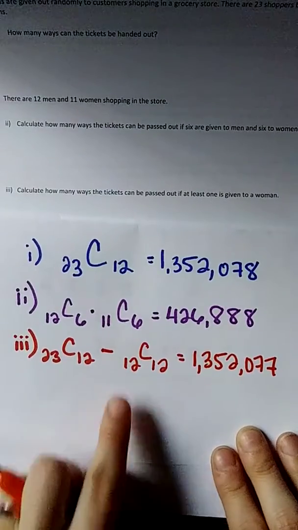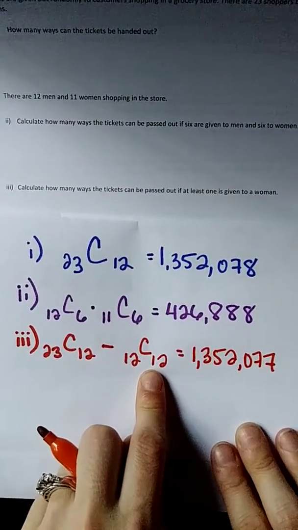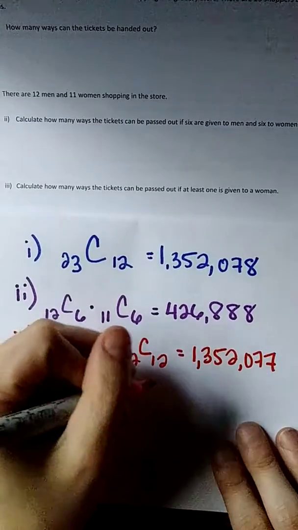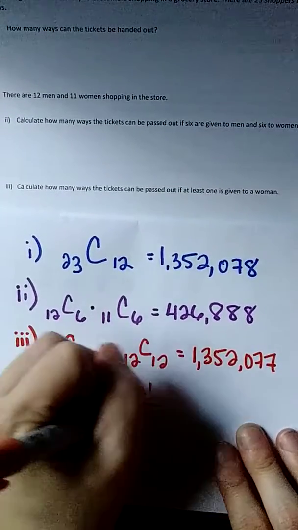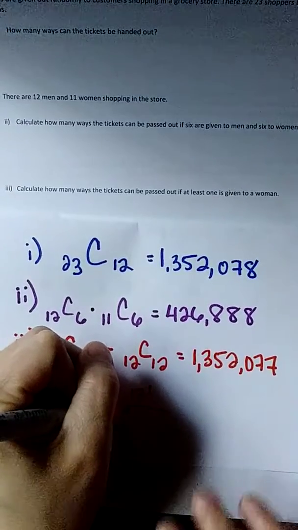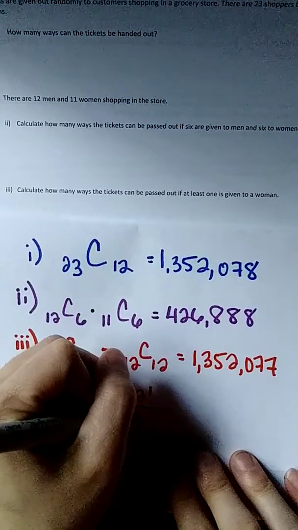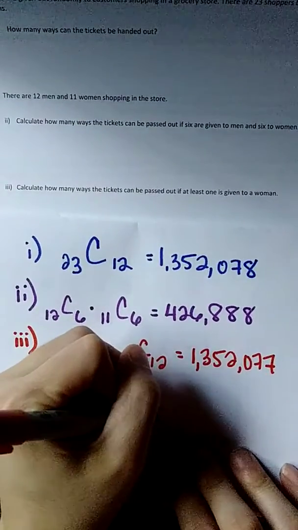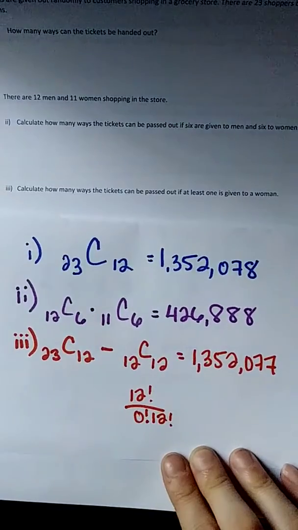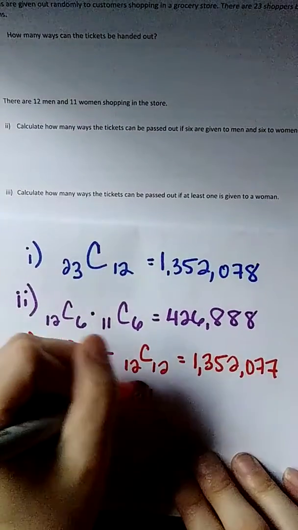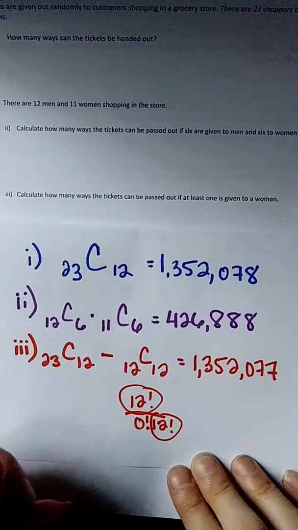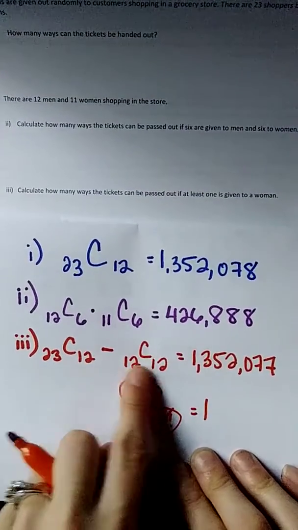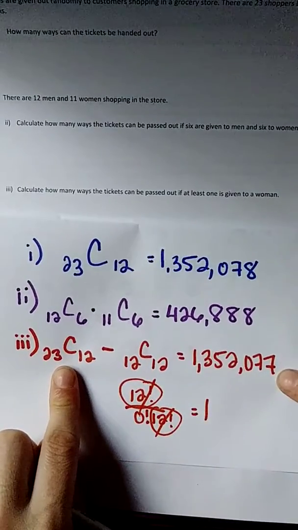The reason for that is because 12 choose 12 is actually just the number 1, because it's 12 factorial divided by our 0 factorial times our 12 factorial. So in this case, it's actually just 12 factorial divided by itself, which is 1. So we've actually just subtracted 1 from our total number of options. You can see that it's only 1 smaller.